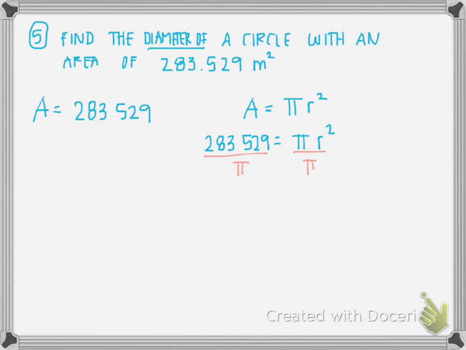So I'm going to take 283.529 and divide it by pi. That's going to be roughly about 90.25. And then now to find just your radius, you're going to take the square root of both sides.